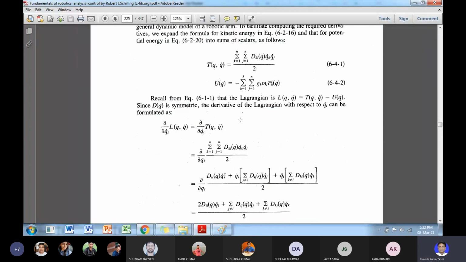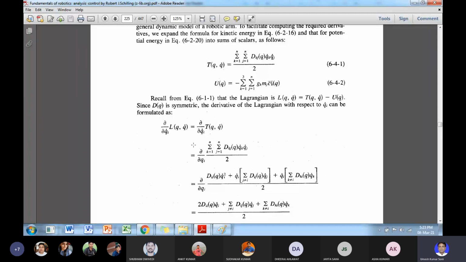By simplifying this equation, you take the Lagrange function. When you use T minus U, you will get some equation, and then you take the derivative with respect to q dot i.